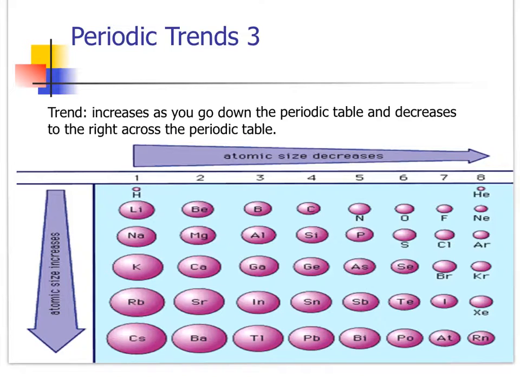Look at, say, sodium, which has 3 rings. It's going to be big, and that one electron on the outside has difficulty feeling the nucleus, because those 11 electrons are attracted to those 11 protons in the nucleus.